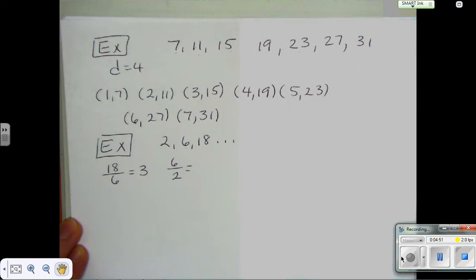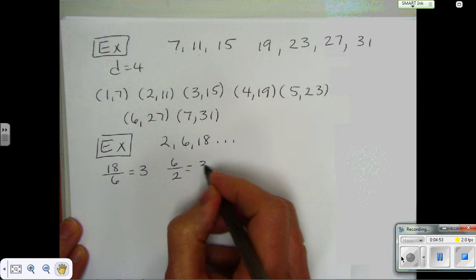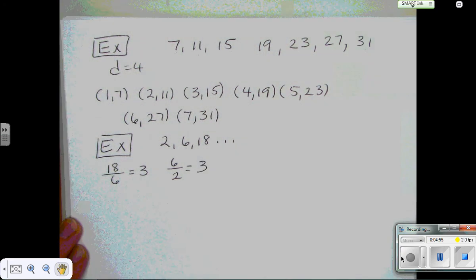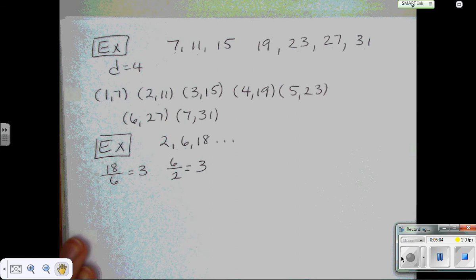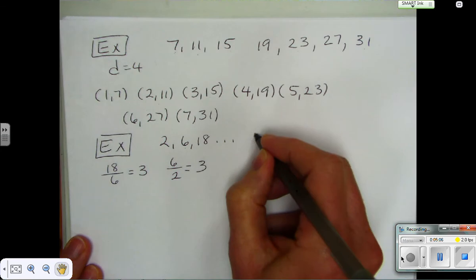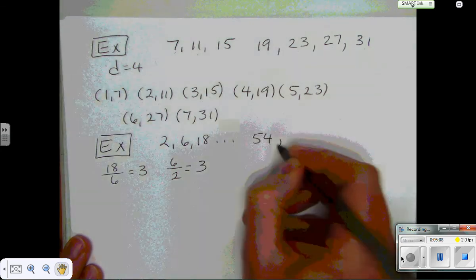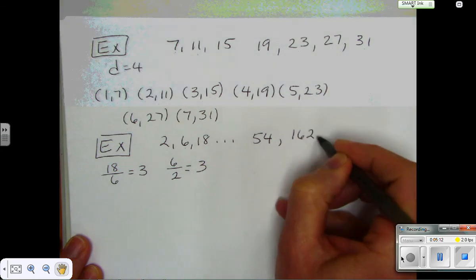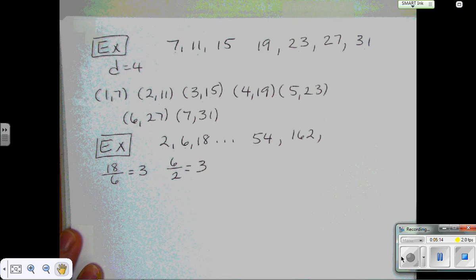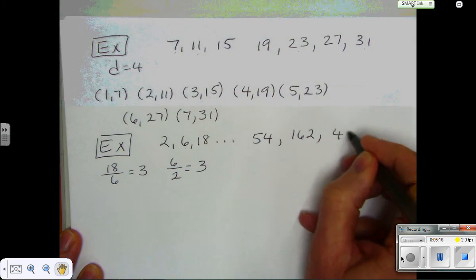It doesn't really matter which ones you use, as long as they're consecutive. You're going to get the same ratio. Okay, so to get the next number in the sequence, I'm going to take 18 times 3, and that's going to be 54. 54 times 3 is 162. 162 times 3 is 486.